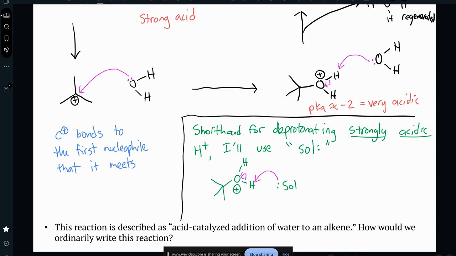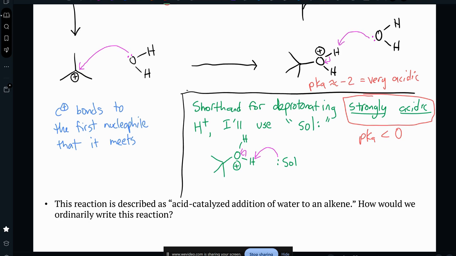So I'll only use that when I have very strongly acidic protons that I'm going to deprotonate. But you will see me use that shorthand a lot. So that last step, instead of H2O, I could have used Sol. It's always acceptable to use a molecule of the actual solvent. But when you look through materials, you will sometimes see this abbreviation.